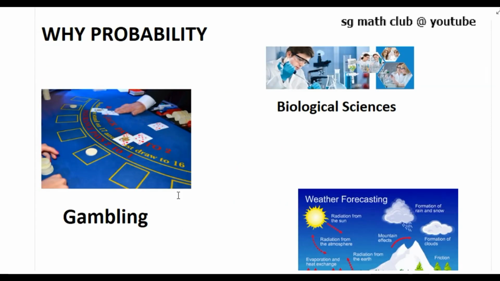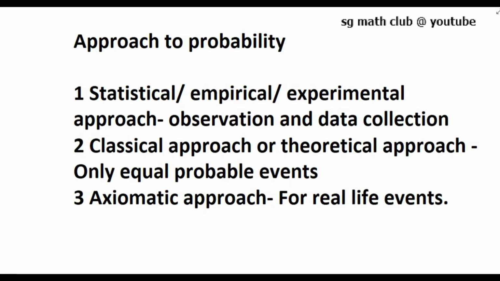So why are we learning probability? Though probability started with gambling, it has been used extensively in the fields of physical science, commerce, biological science, medical science, weather forecasting, stock exchange, etc. It has many applications in our day-to-day life. There are three different approaches to probability.